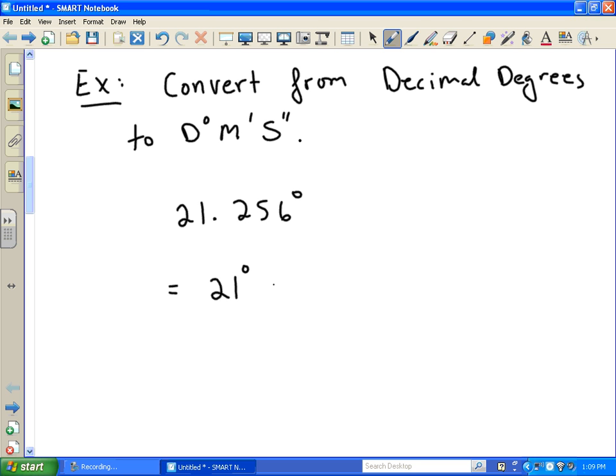Break it apart by using a plus sign. And then we have plus 0.256. And then also, for right now, the unit symbol on that is degrees. What we would like to do is take that red degree symbol and convert the symbol only into minutes.